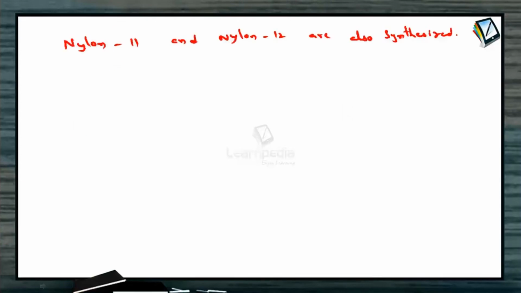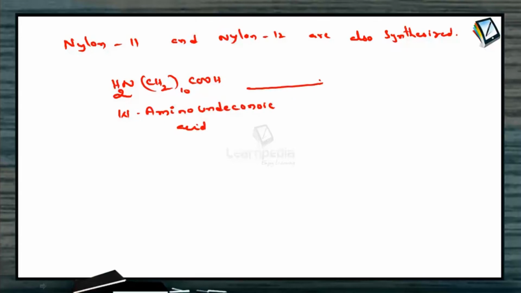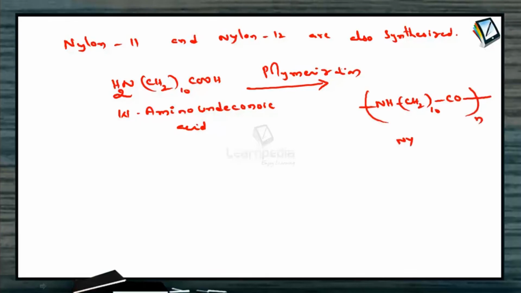For example, the product of self-condensation of omega-aminoundecanoic acid, that is NH2-(CH2)10-COOH. This is aminoundecanoic acid. And this on polymerization, we get Nylon 11, that is the NH group with (CH2)10 CO and the extension here, and this is Nylon 11.